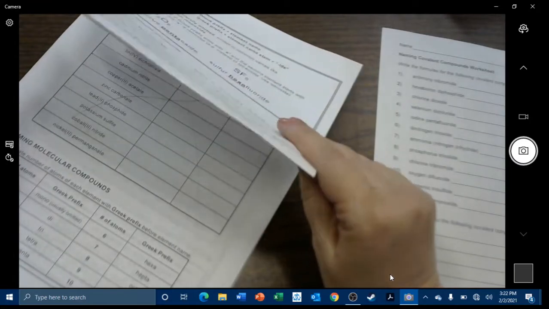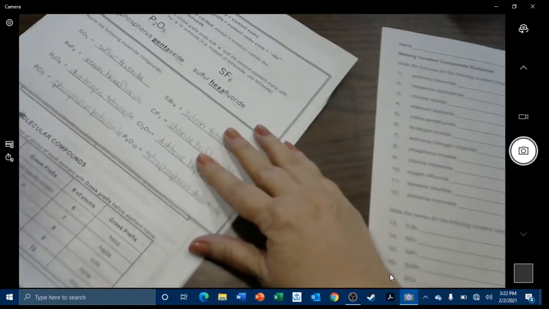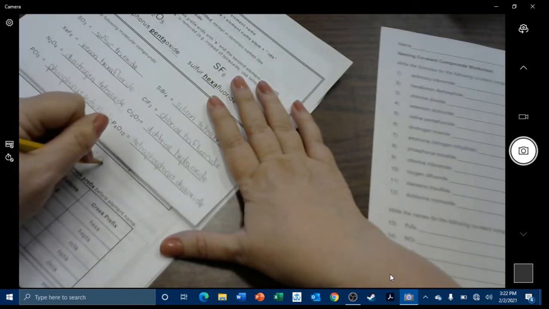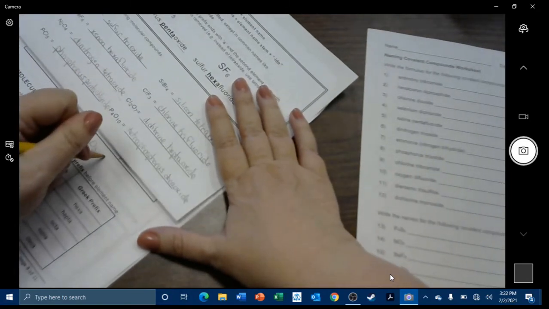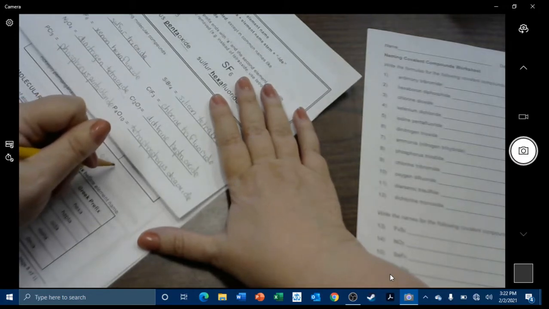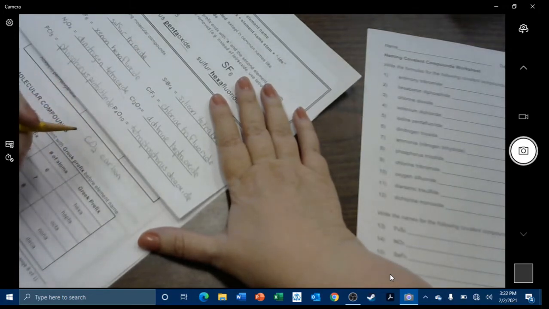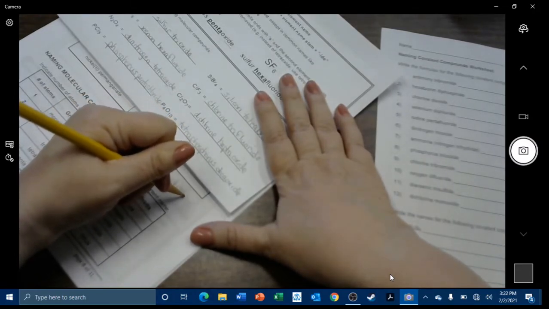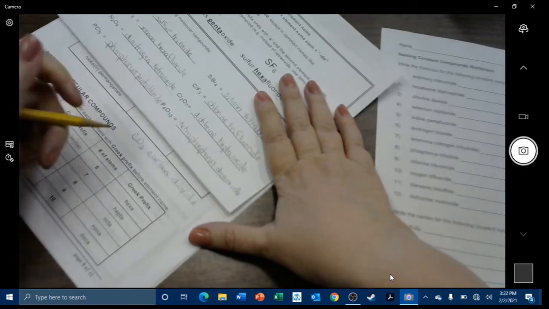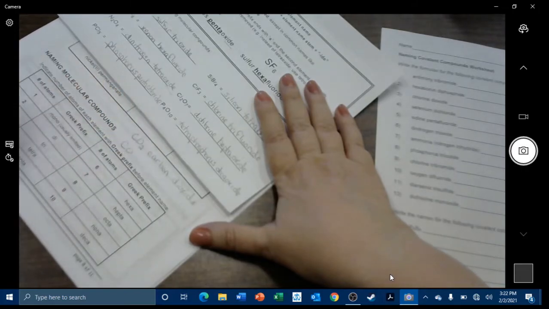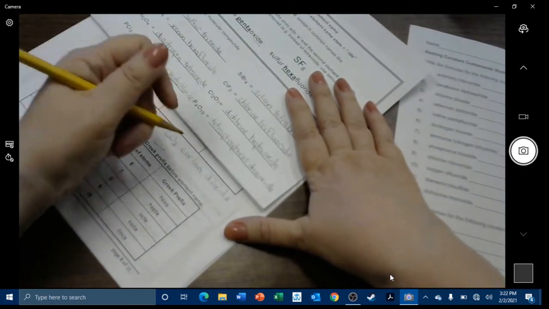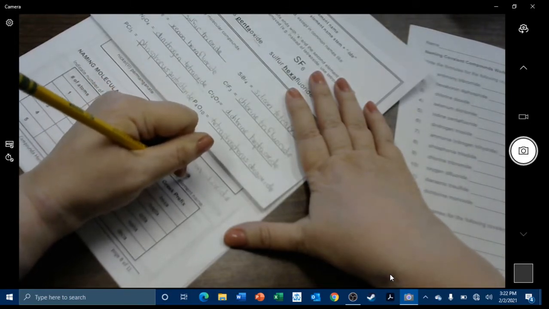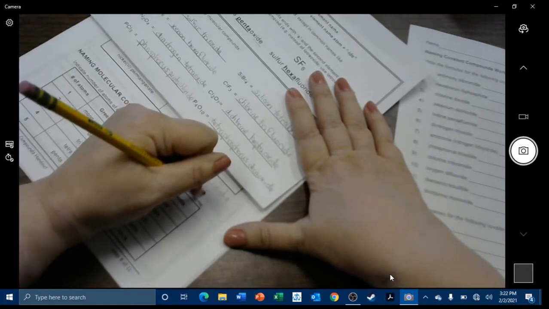And the example that I have is you have carbon dioxide, which is CO2, carbon dioxide, and then you have CO, which looks very much like it, and that's carbon monoxide.